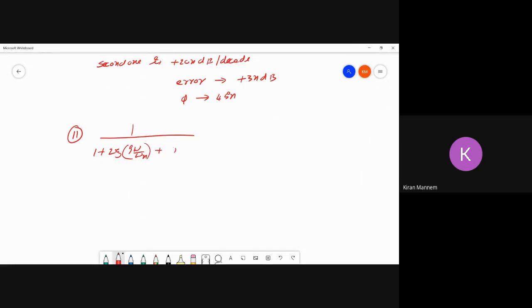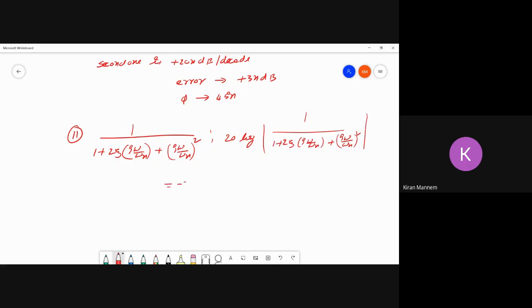Just remember the value. It is a quadratic factor, that is a quadratic pole. This would be 20 log magnitude of 1 by (1 plus 2 eta into j omega by omega n plus (j omega by omega n) whole square), right?